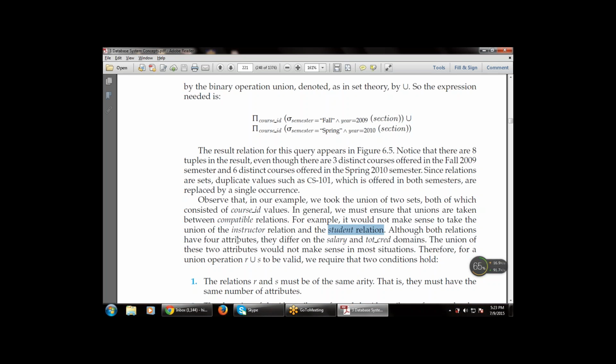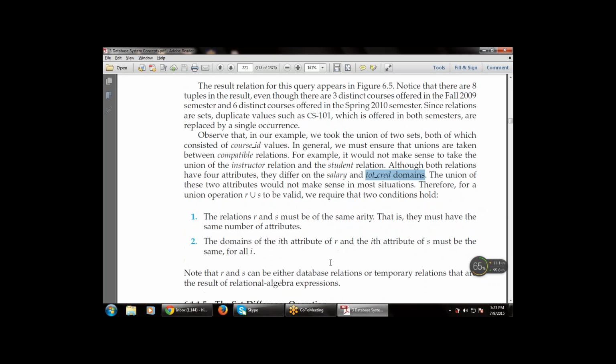Although both relations have four attributes, they differ on the salary and total credit domains, because an instructor gets a salary but a student does not. So the union of these attributes would not make any sense.